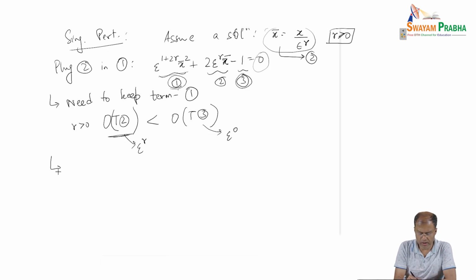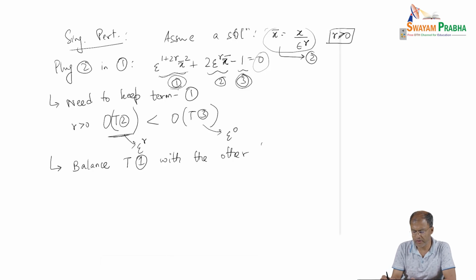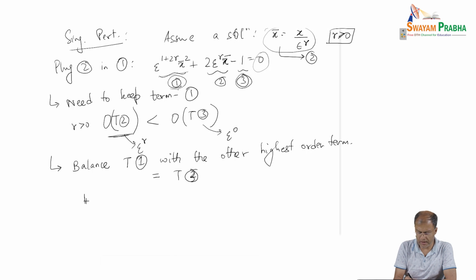So the idea is that we balance the term that we need to keep, term 1, with the other highest order term, and this is going to be term number 3. And if we do that, we get that the order of epsilon, which is 1 plus 2 gamma, is 0, or we have that gamma is minus 1 half, right?